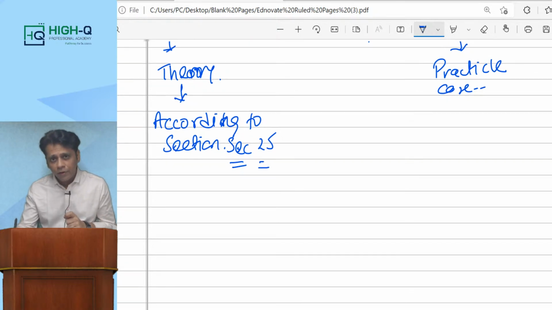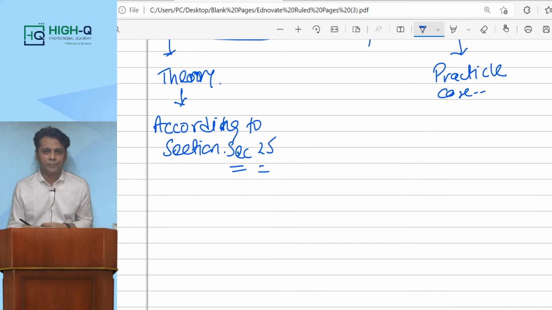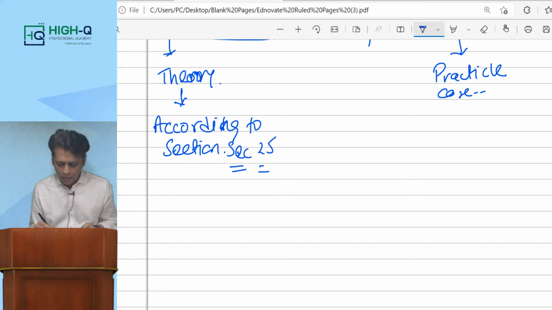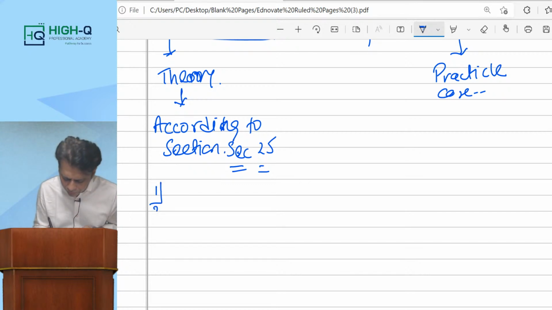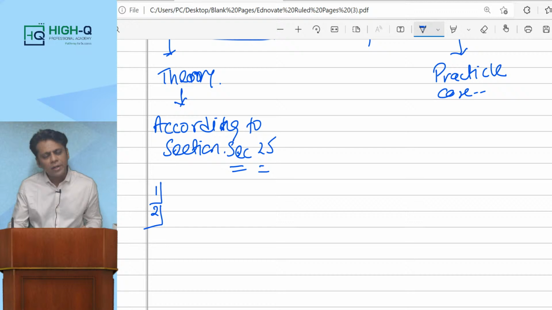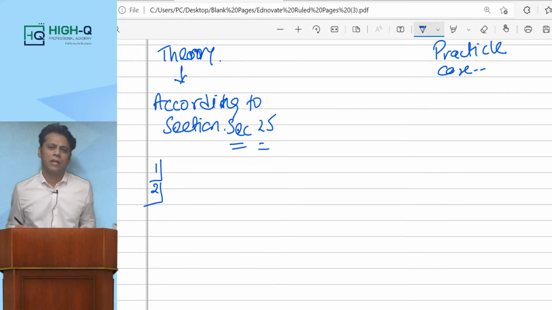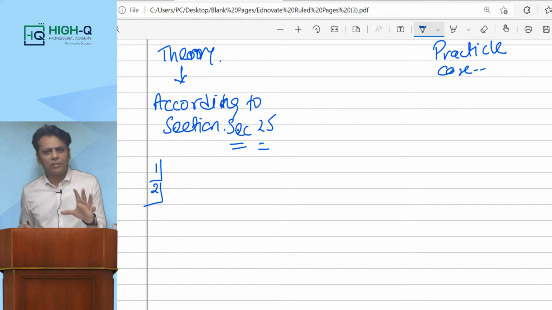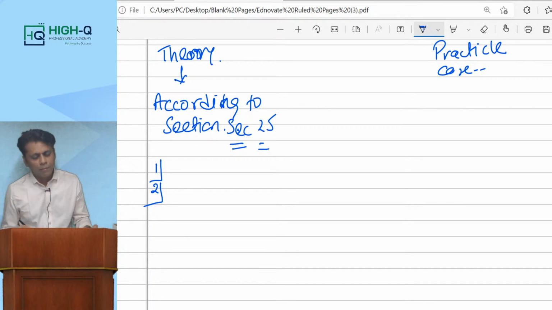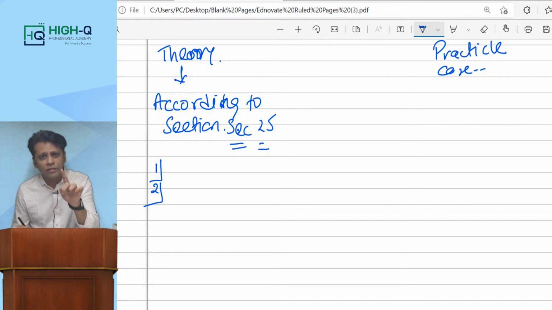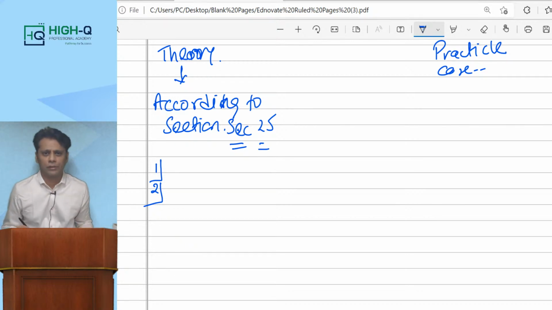Look, even if law is a theory subject, you can remember these things simply. Now you have to simplify that. How can you simplify that? Break any answer into points, and remember those points.